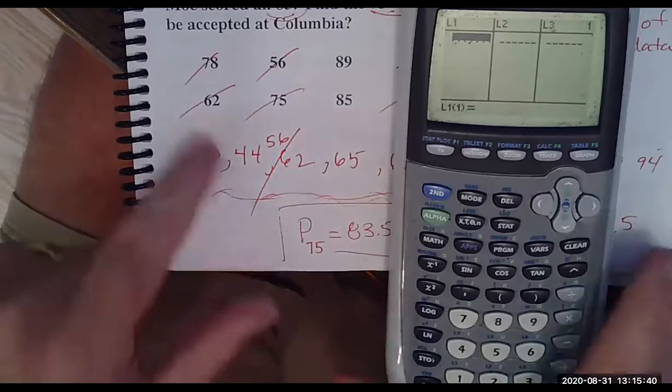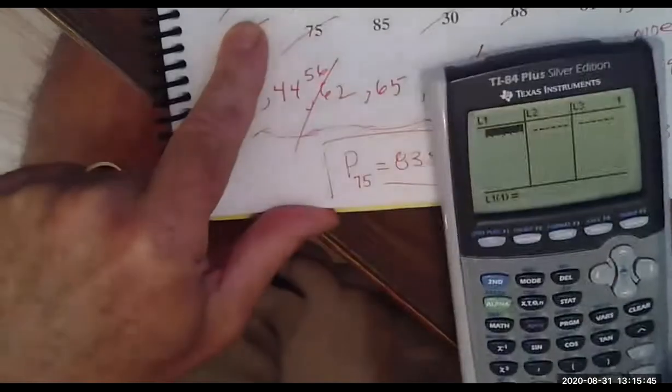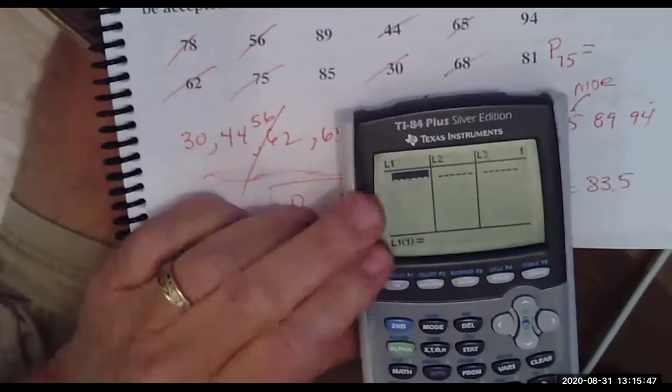And we're going to enter the raw data. It does not have to be in order. I'm just going to do the bold numbers right here, not my red ones. I'm going to enter the raw data in here.